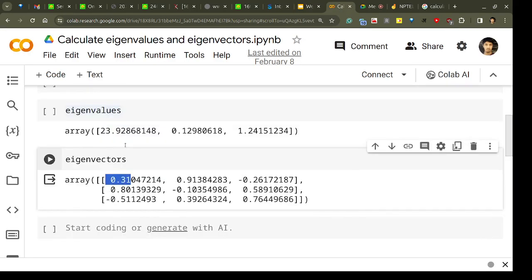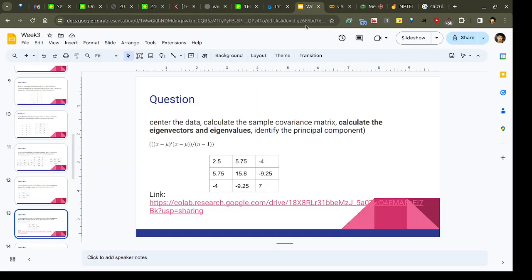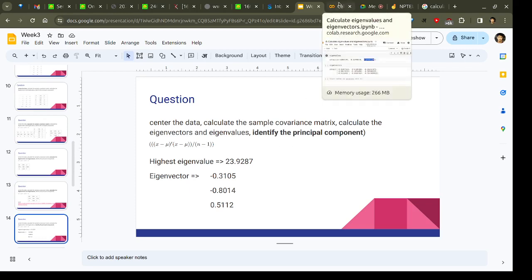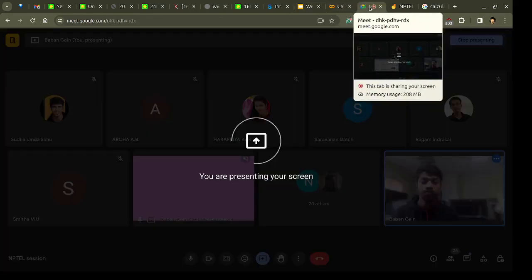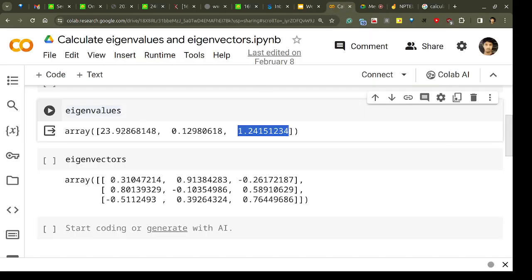Okay, the eigenvalues are these three, and the eigenvectors are like this. First eigenvector, second, third. What we need to do here is identify the principal component. What is the principal component here? Which eigenvalue is the highest? This one, right? This one is the highest.